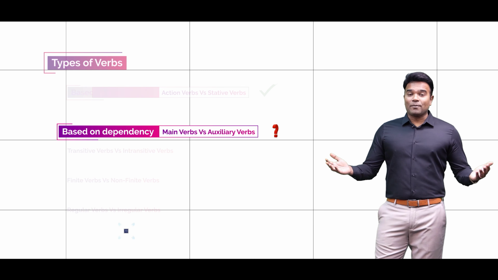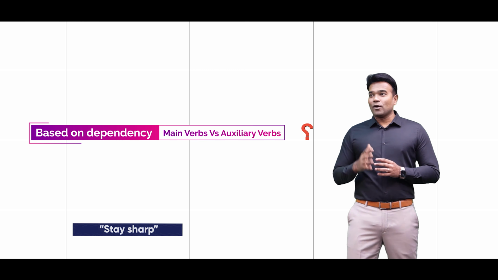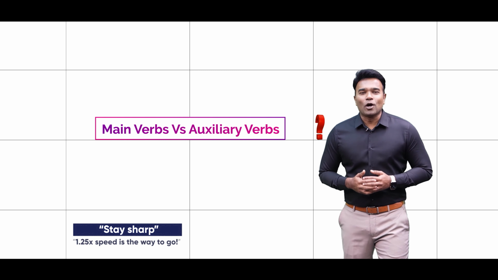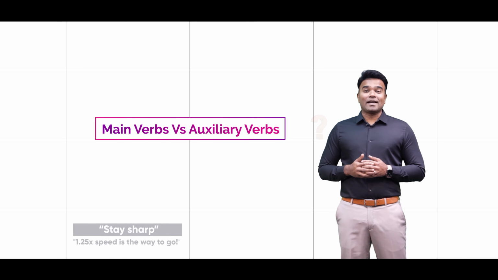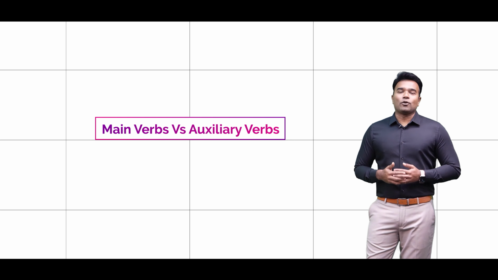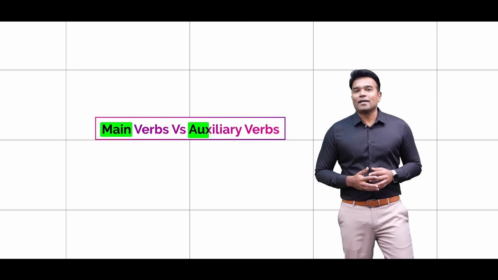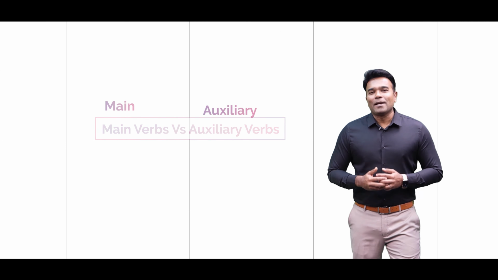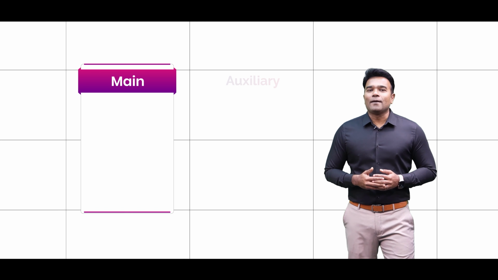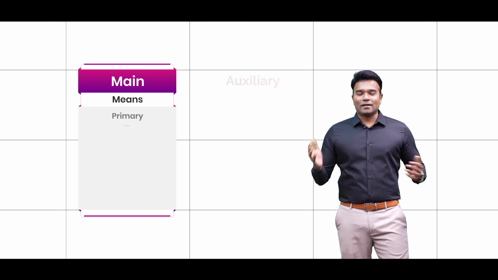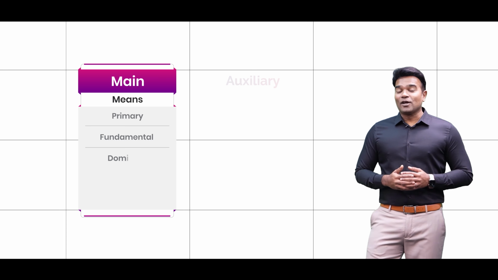Even before I proceed and explain to you what really the main verbs and the auxiliary verbs are, let's first focus on these two words, main and auxiliary. What do we really mean by the word main? Well, the word main means primary. The word main means fundamental. The word main means dominant.